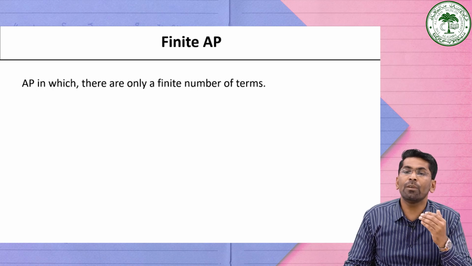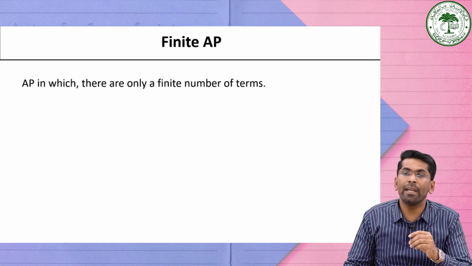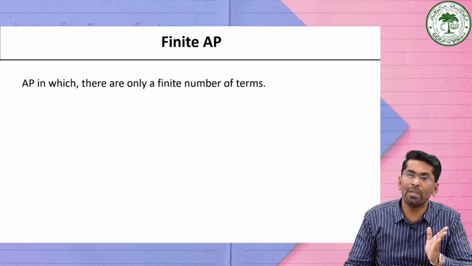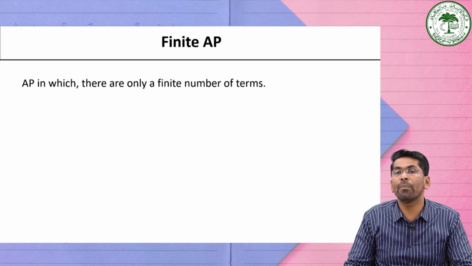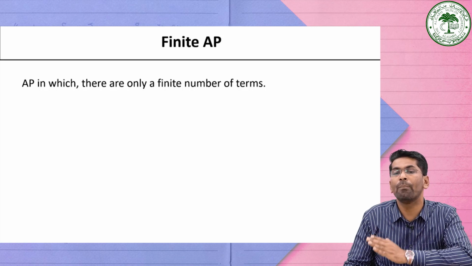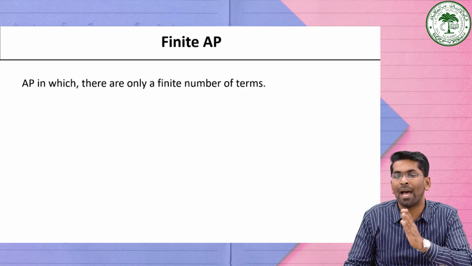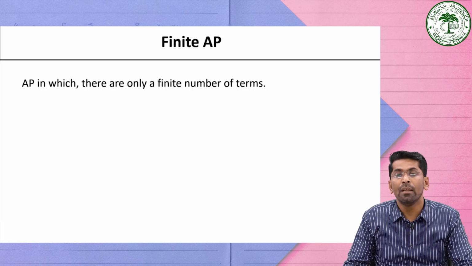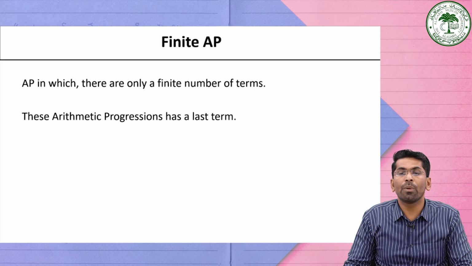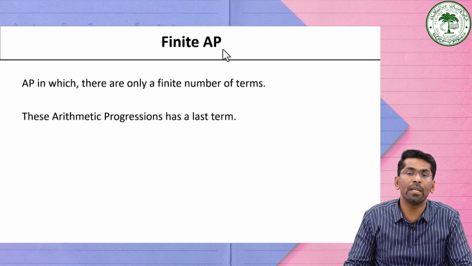It is a sequence of numbers where each term is obtained by adding a constant value to the previous term, and the sequence terminates after a certain number of terms. That's why this type of arithmetic progression has a last term.